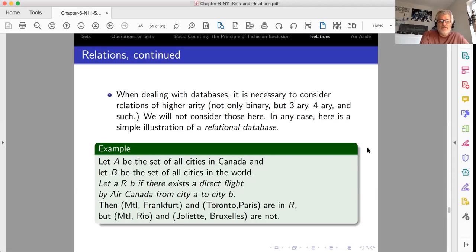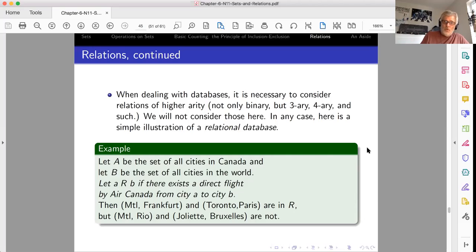For example, Montreal, Frankfurt, that's in my relation, because there is a direct flight from Air Canada from Montreal to Frankfurt, still even today. Toronto, Paris is also a pair in that relation. So Toronto is related to Paris.